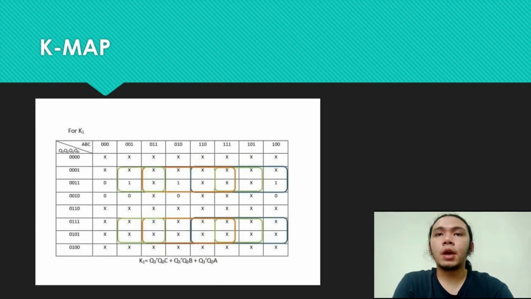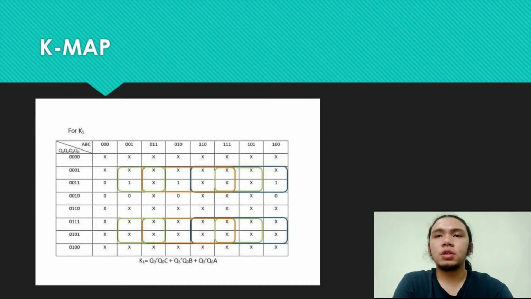Therefore, we will get the equation J1 equals Q3 bar Q0 C plus Q3 bar B plus Q3 bar Q0 A. Then, for K-map K1, we go through the same process by filling the table first. After that, the circles in this picture are determined by using a generator. For this K1 K-map, there are three colors representing three circles only. Looking at the colors makes it easier for us to produce the equations.